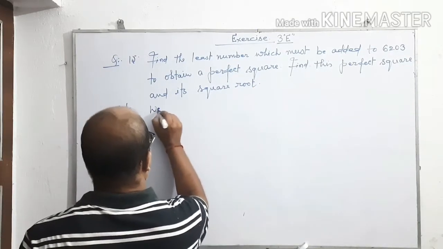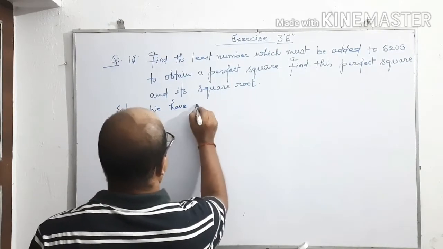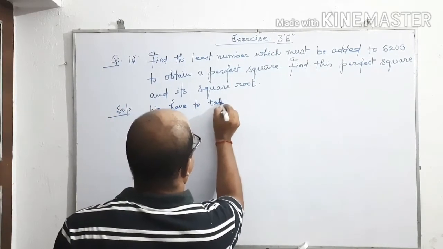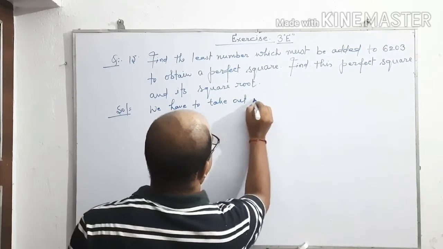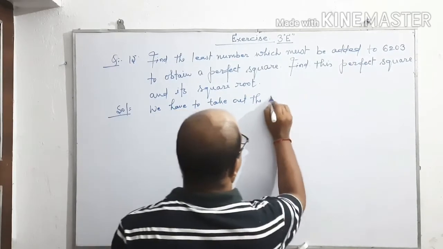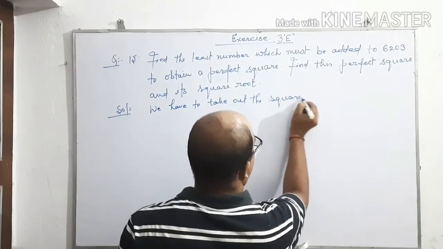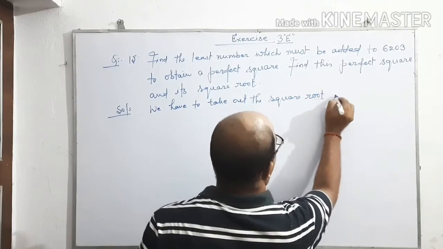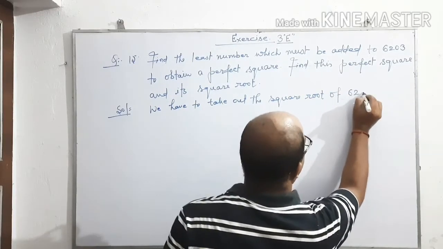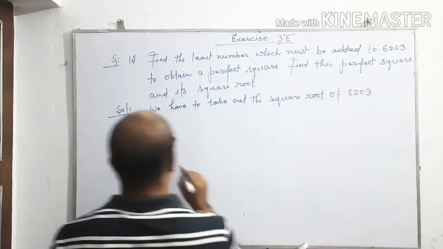We have to take out the square root of 6203.